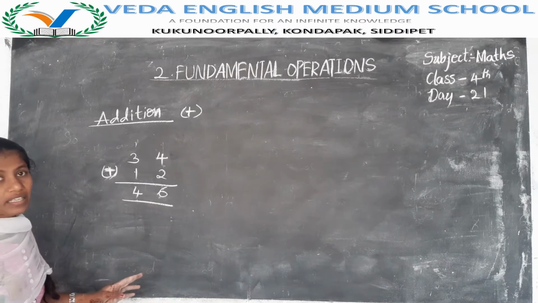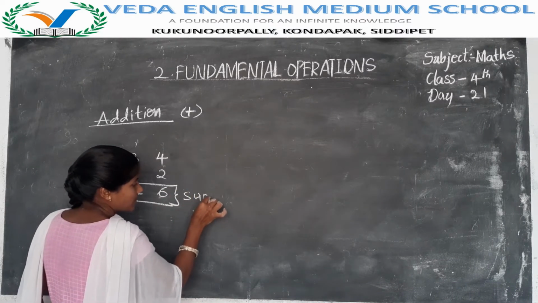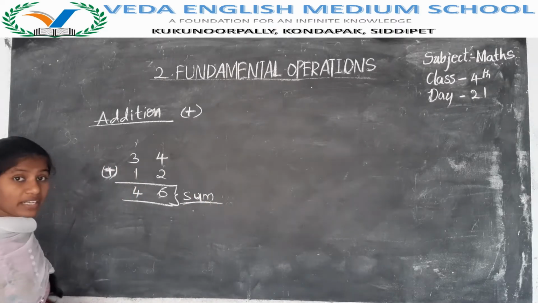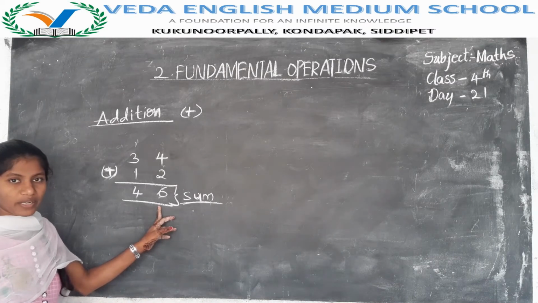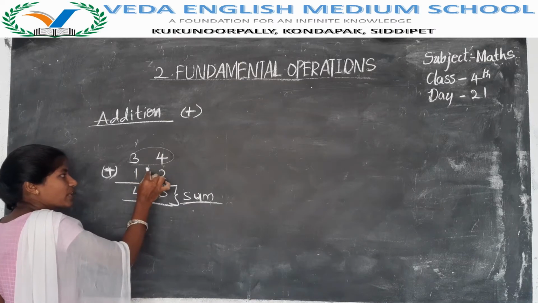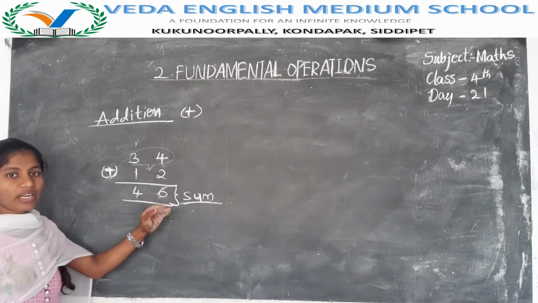In addition, this answer is called sum. The spelling of sum is S-U-M. Find the sum. The answer we get in addition is called sum. Then for this 34, how much did we add? Here 12. This 12 is called addend.